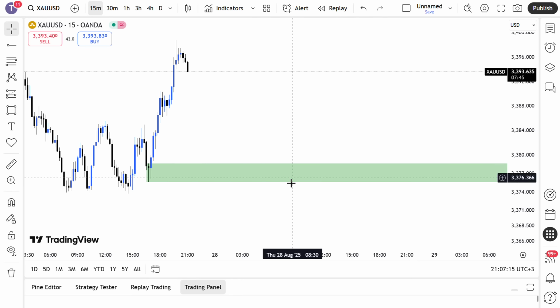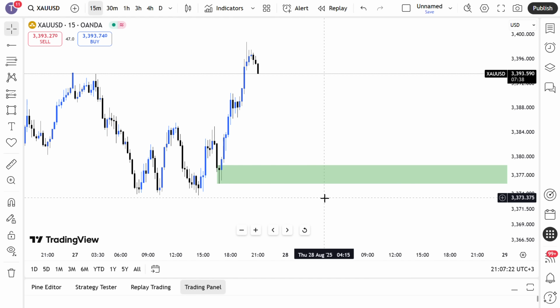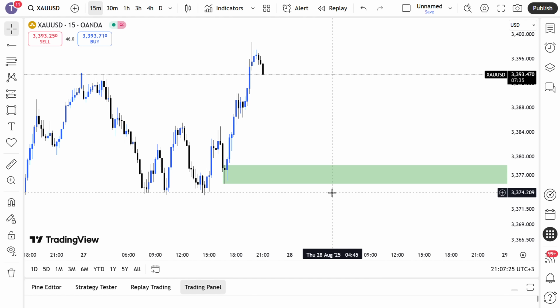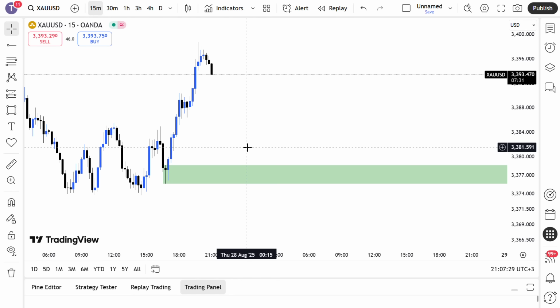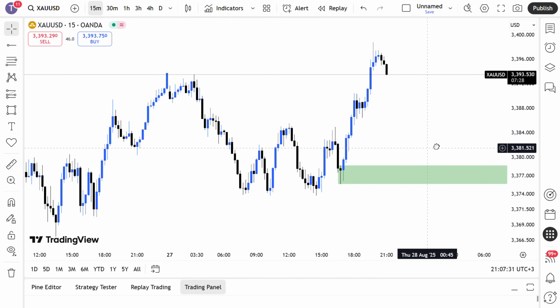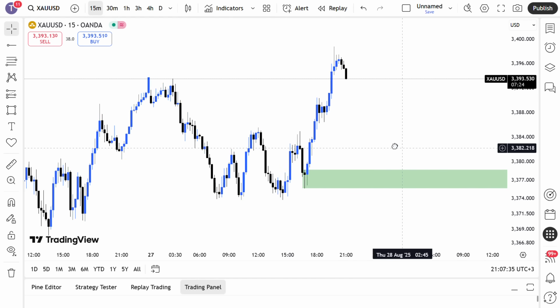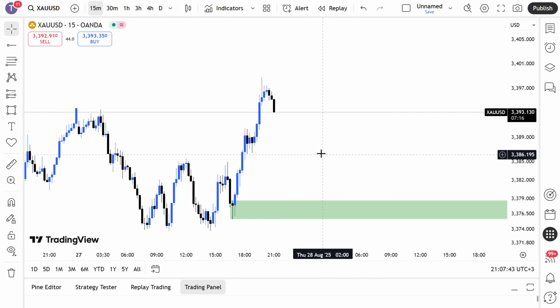But if the order block has all the confirmations and the confluences, and your analysis is correct, I advise you to be using buy limits or sell limits so that you cannot miss any trade.